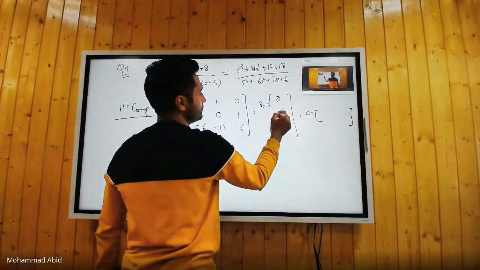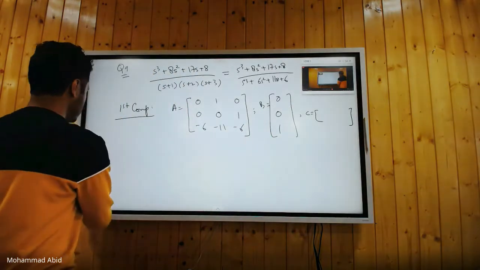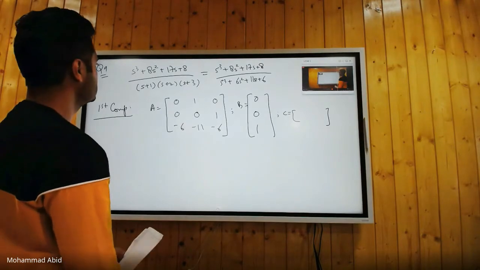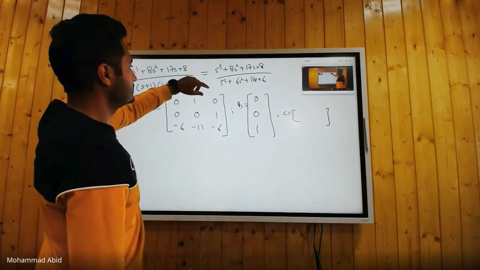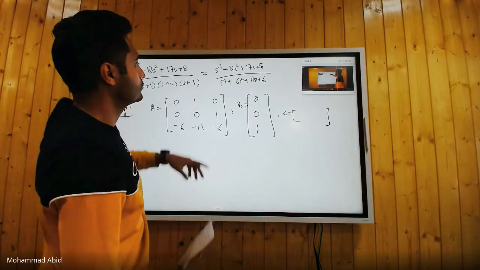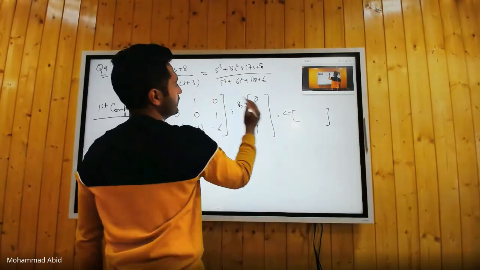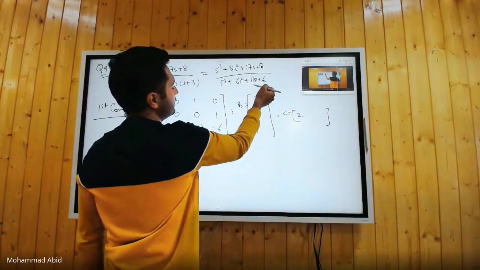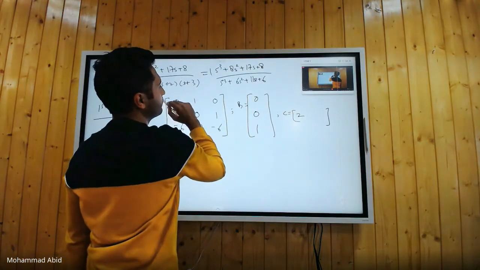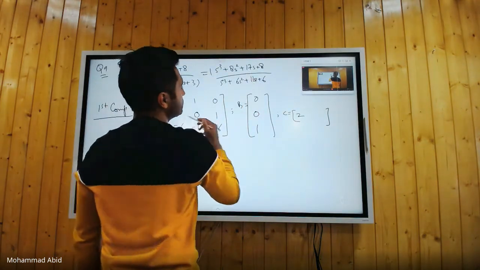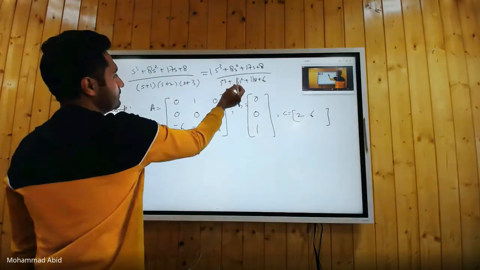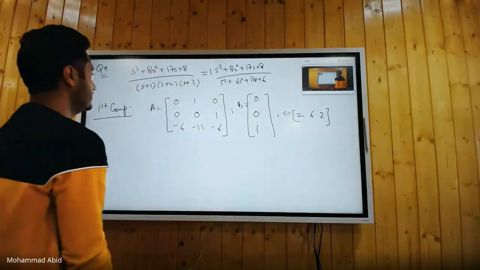For first companion form, it's always 0, 0, 1. What's C? This is a proper transfer function, because it's cube over cube. So 8 minus 6 times 1, that's 2. 17 minus 11 times 1 is 6. And 8 minus 6 times 1 is 2. 2, 6, 2. That's the first companion form.